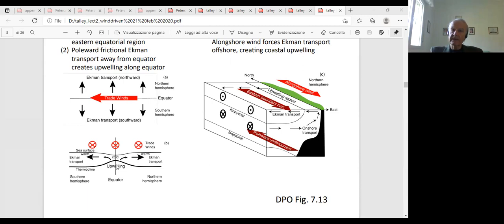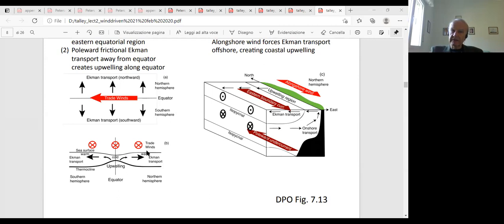Again, the upwelling is seen as a bump in the isopycnals, or in the upward motion of the constant density isopycnals. But there is another phenomenon which is associated to this.